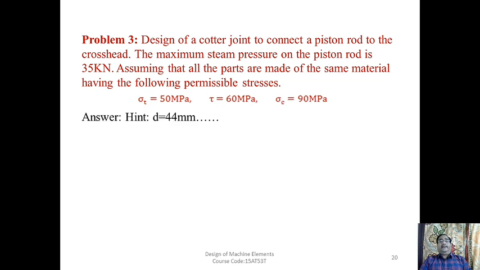So here again the hint is the diameter of the rod is 44 mm. Again, if your answer is correct for 44 mm as the diameter of the rod, then the other dimensions can be easily calculated.